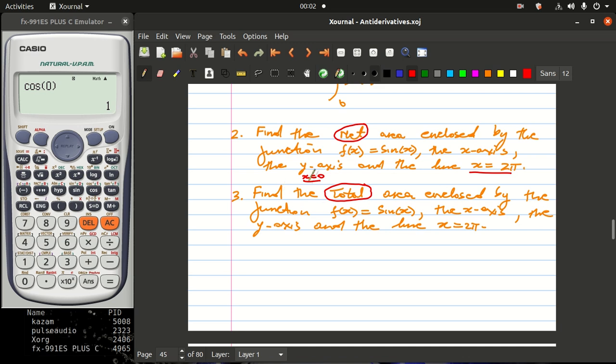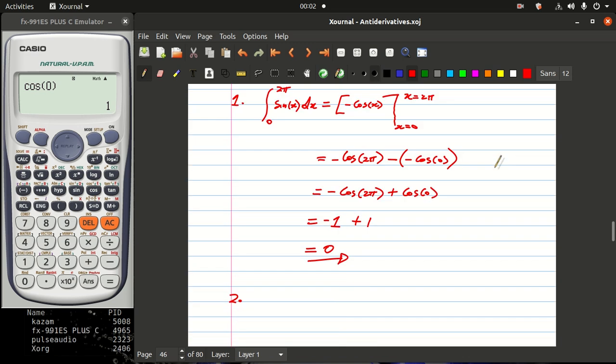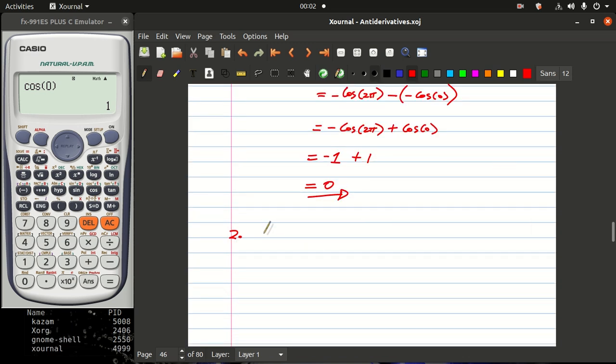So this one is going to be the lower limit of integration, and this one is going to be the upper limit of integration. So the net area, I'm going to write here, net area is equal to the integral where you put here the lower limit of integration, which was x is equal to 0, and then the upper limit, which was 2 pi, and then inside here we'll just put the function f of x, which is sine of x dx.